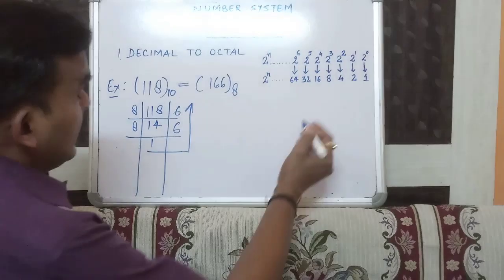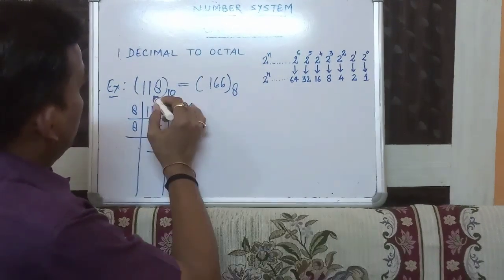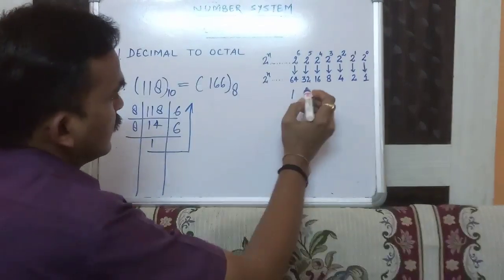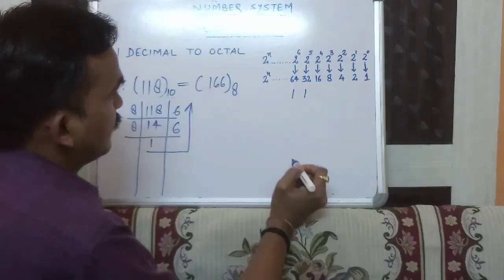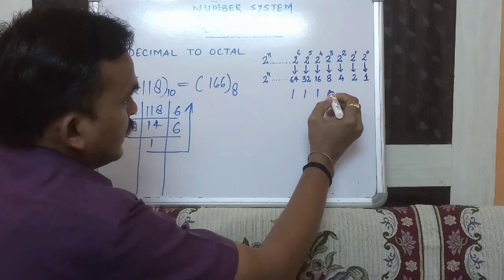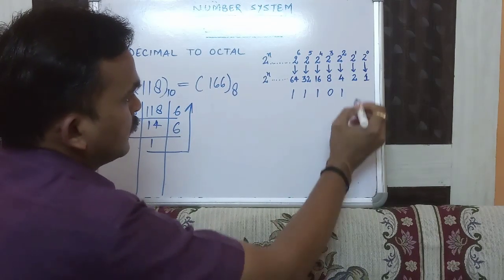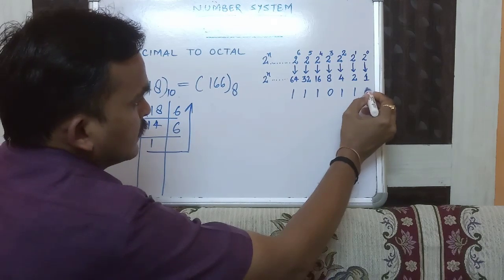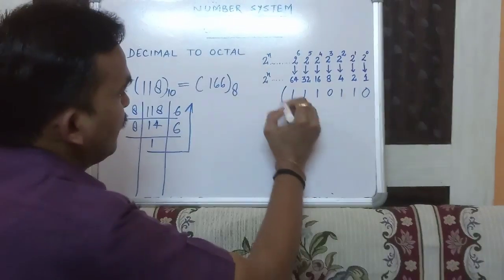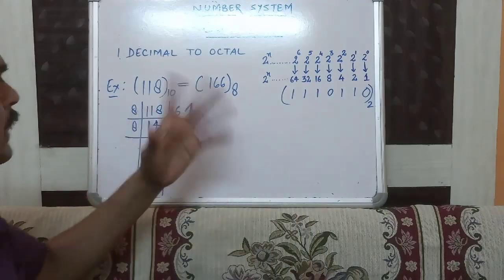Like in this series, first we have 64, 32 we also have, 16 we also have, 8 we will not have, 4 we will have, 2 we will have, and 1 we will not have. So this is the binary value of 118.